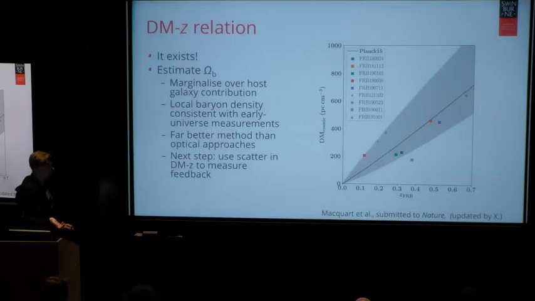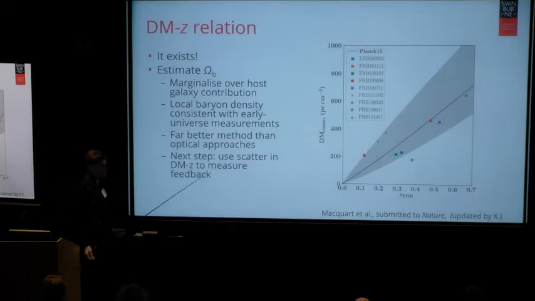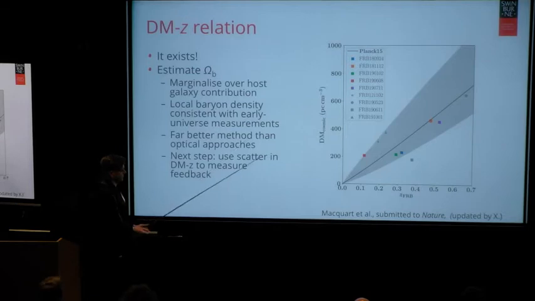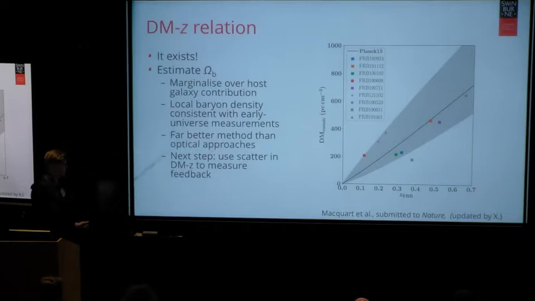We would argue now that this is a far better method than other approaches to studying the local baryon content. The next step would be to understand the scatter in that relation and use that to study feedback, the process of how AGNs affect the IGM and CGM.